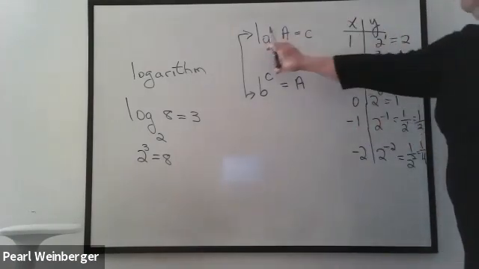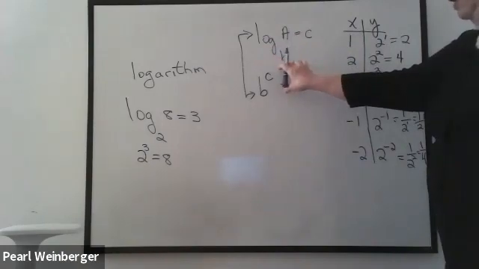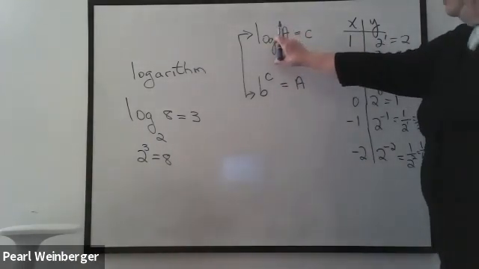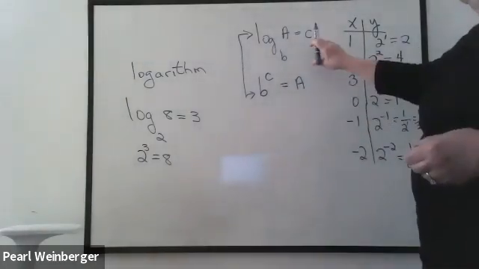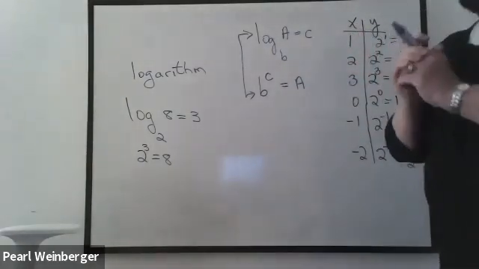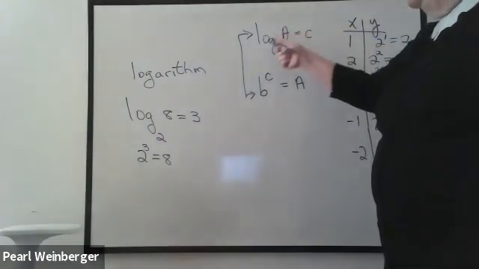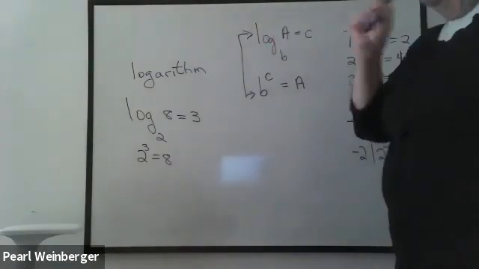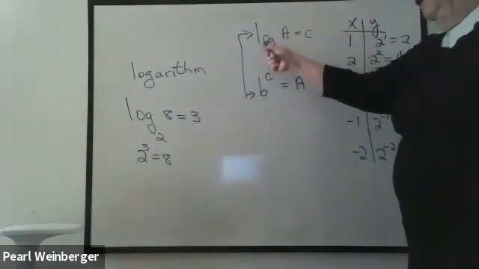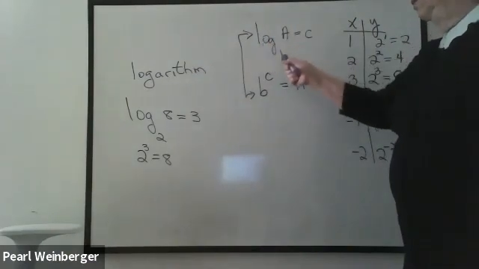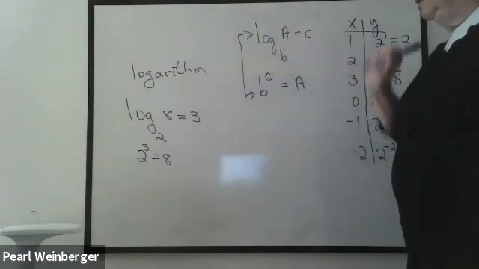When we do the log form of it, we still have the base, but what we have is the final answer, and what we're looking for is the c, which is the exponent. If you use the word exponent instead of the word logarithm, it might make more sense to you. Log, meaning exponent, that you put on base b to get a is c.